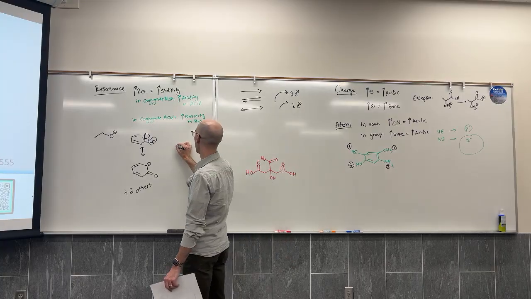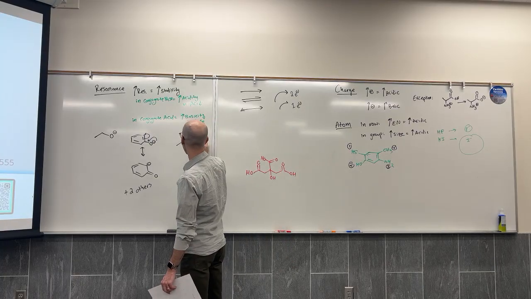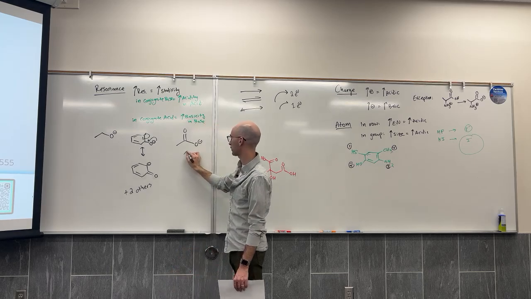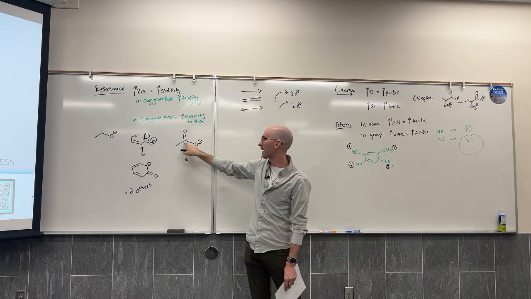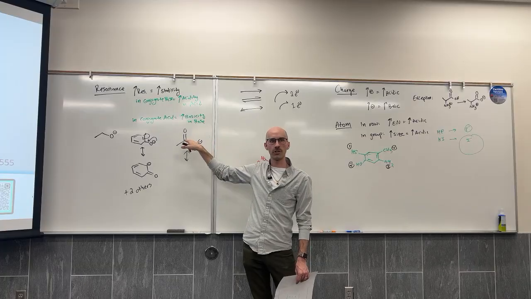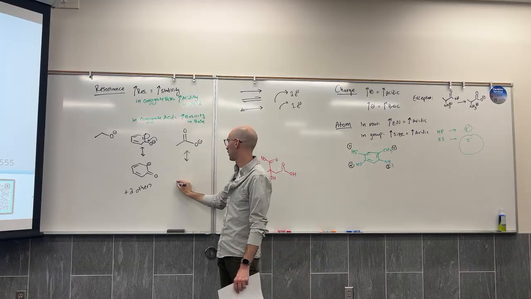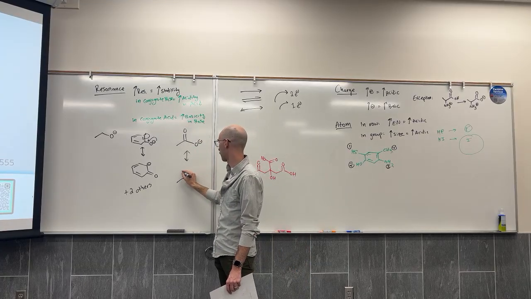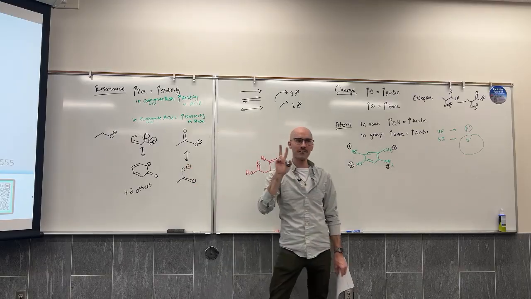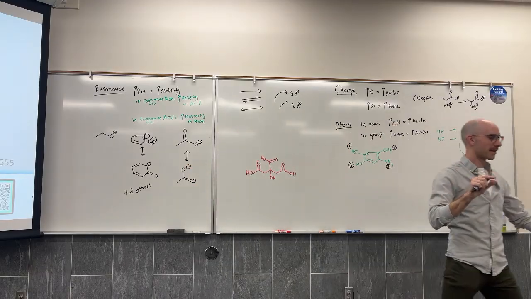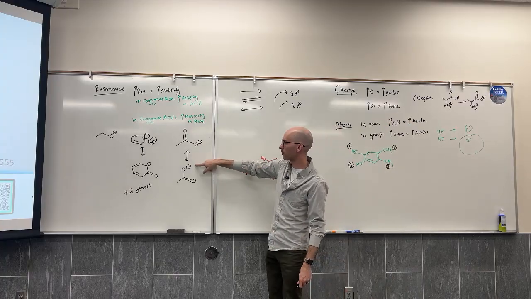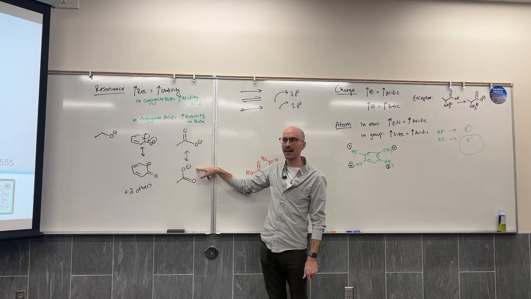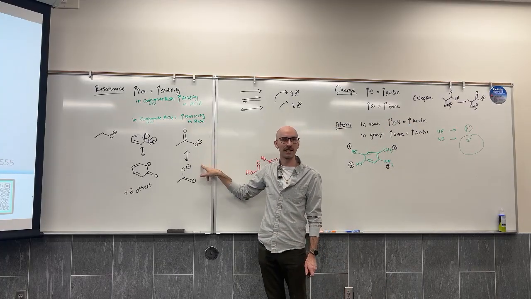Our last one, as a conjugate base, has a negative charge on O, a 3-atom system, charge, and a pi bond. This only has 2 resonance forms, but in both resonance forms, the negative charge is held by an electronegative atom.